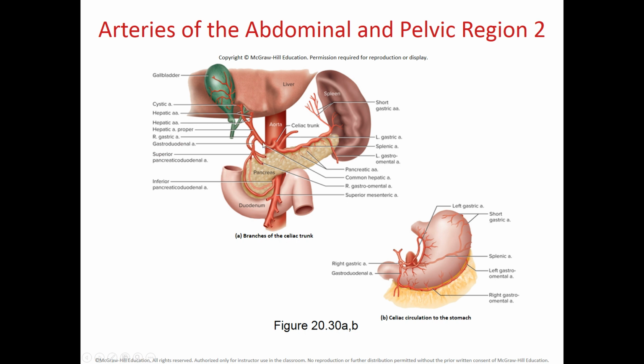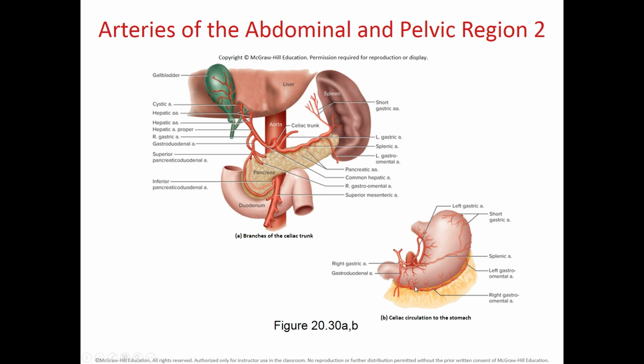And then branches of this common hepatic are going to be gastroduodenal artery, which is going to provide blood supply to the duodenum and part of the stomach, right gastric artery, and also the inferior pancreaticoduodenal, which is going to provide blood supply to the pancreas, to the pancreatic head, and also to the duodenum, which is this part.